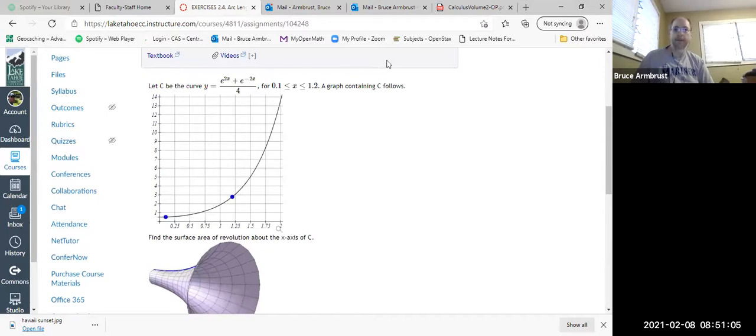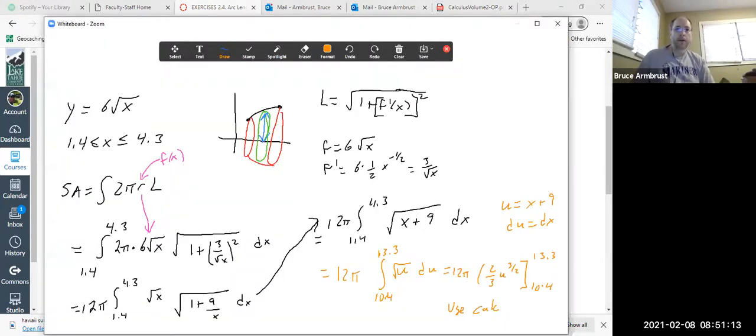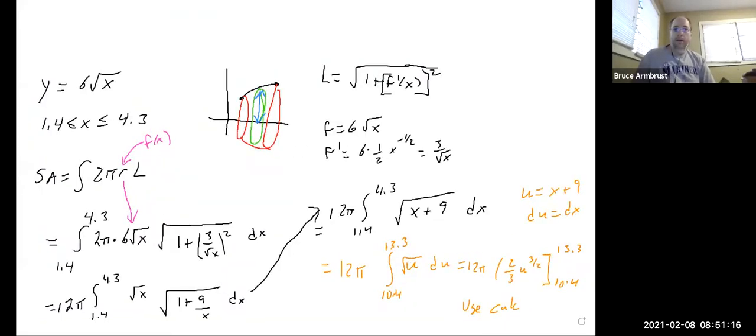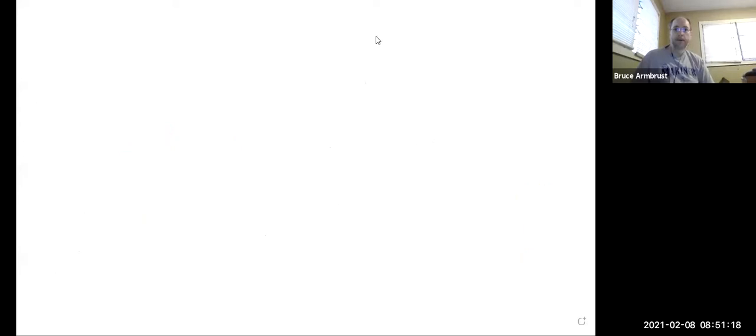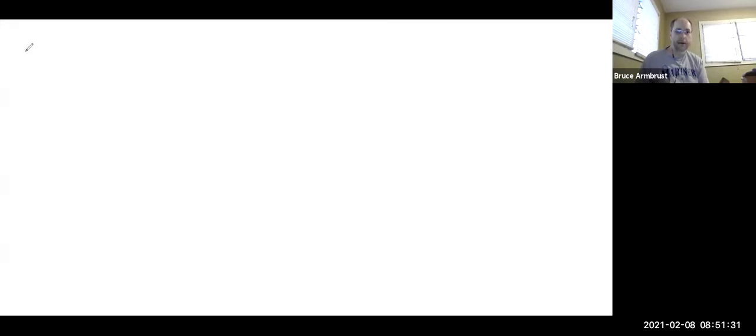Okay, so let's go to whiteboard. Let me clear all this garbage. All right, for this one, we've got that horrible looking equation for our curve. This is actually a very famous curve.